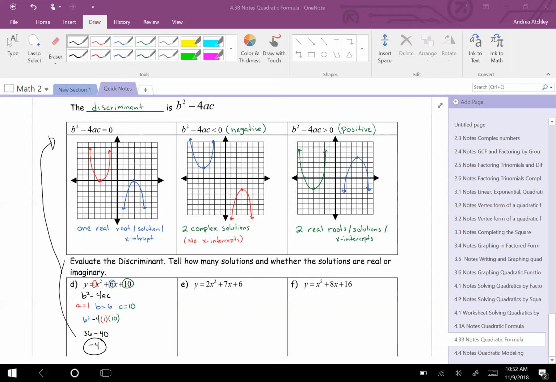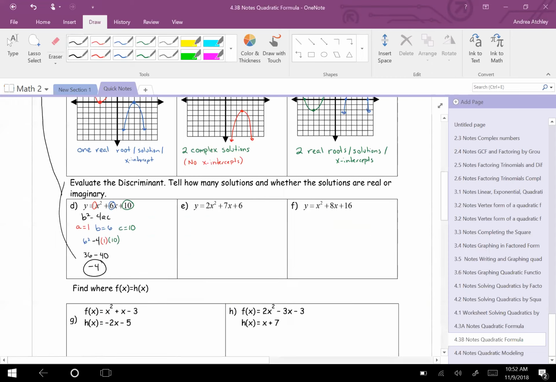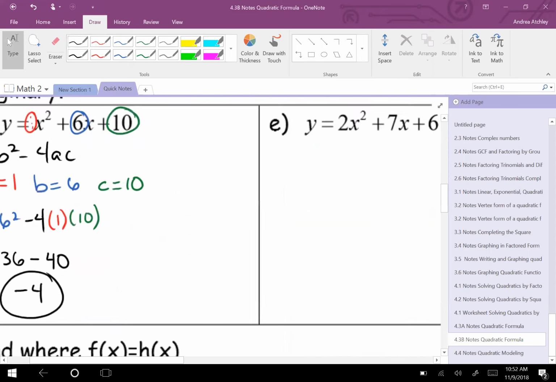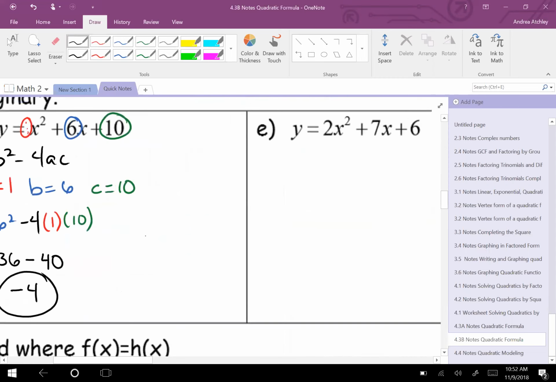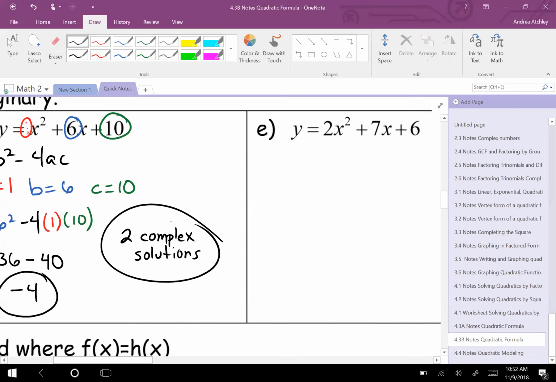Since it's a negative number, it falls in this category. So how many solutions do I have, class? 2. And are they real or complex? Complex. Okay. So what it wants me to tell you is that there are 2 complex solutions. Any questions over that?